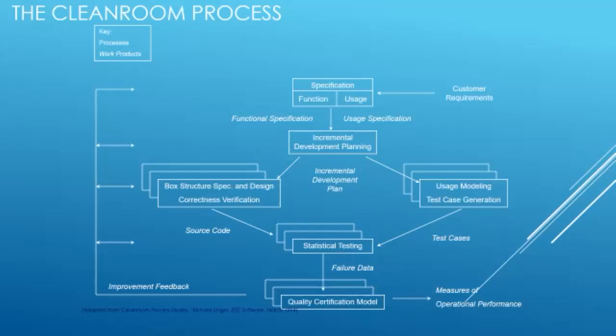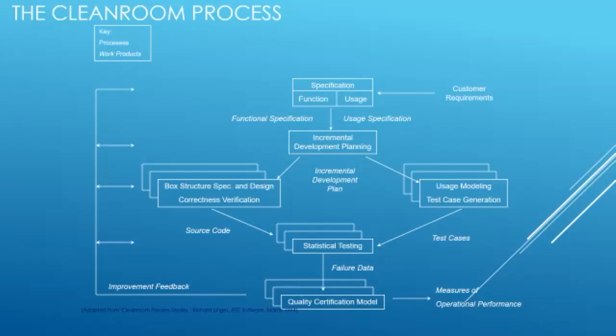usage. It goes to the next, that is incremental development planning, which is divided further into two: box structure specification and design correctness verification, and second one is usage modeling test case generation.